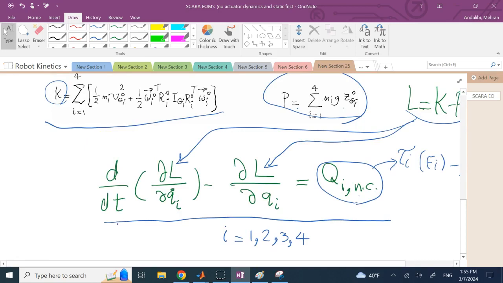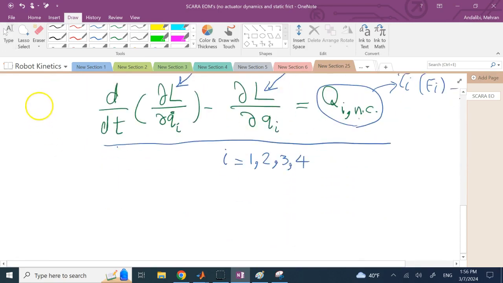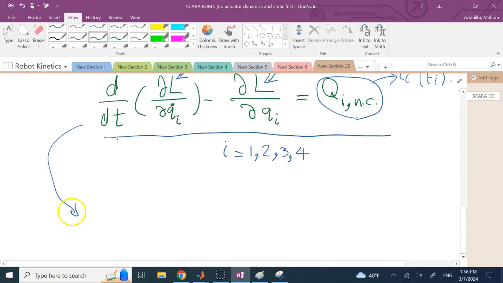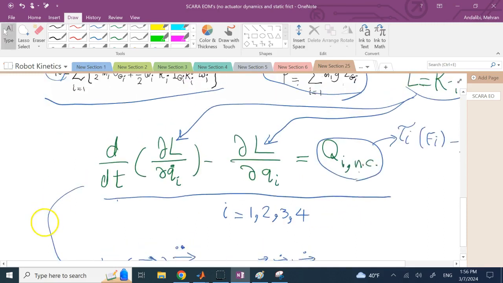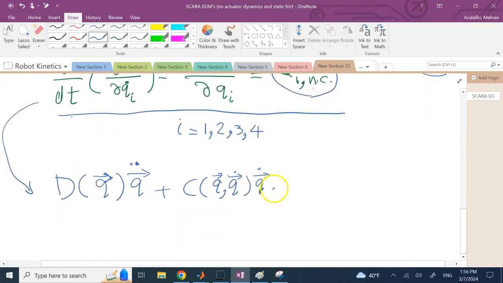And I also will derive for you the D matrix and the C matrix. So you know your total form of governing equations are like D of Q times Q double dot, correct? If you write it in vector format, plus C of Q and Q dot, the Christoffel symbols matrix, times Q dot, and if you want, you can bring that B Q dot to the left-hand side, so it becomes plus B matrix, which is diagonal of the Bi's.